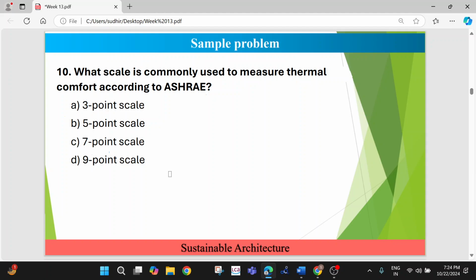What scale is commonly used to measure thermal comfort according to ASHRAE? Whether it is a 3-point scale or 5-point scale or 7-point scale, in order to measure thermal comfort.